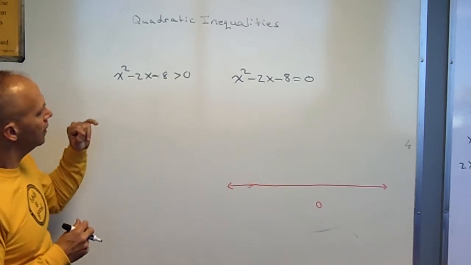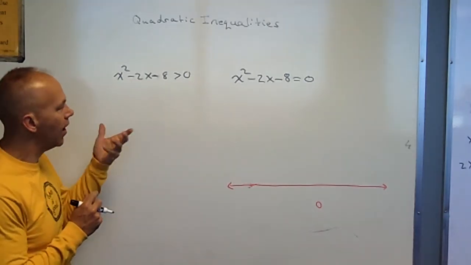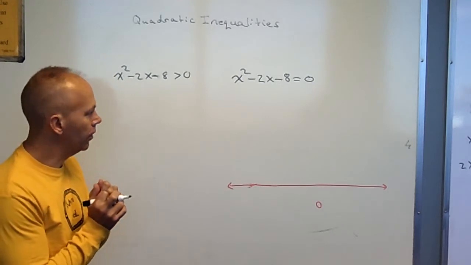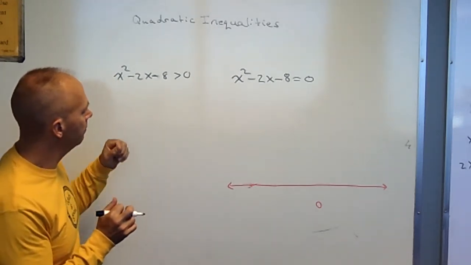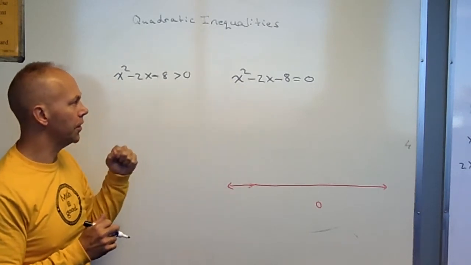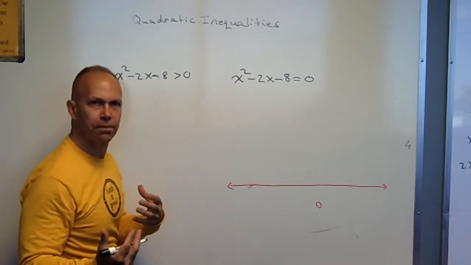Well, solving a quadratic inequality, finding that solution set, is a little bit more complicated than a linear inequality. But the process is very similar to solving an equation, at least initially. If I were to solve this equation, the first thing I'd look to do is to solve it by factoring.